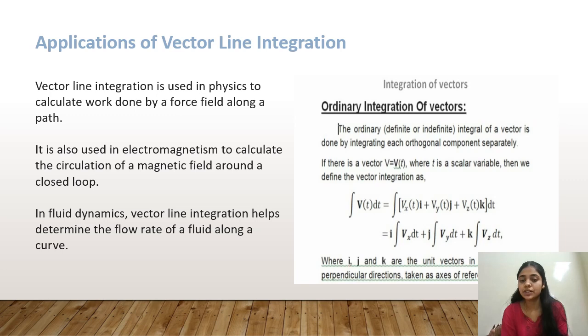The equation represents integral of v of t dt equals integral of (vx(t) i plus vy(t) j plus vz(t) k) dt. The constants are taken out of the integration: i integral vx dt plus j integral vy dt plus k integral vz dt. Here i, j, k are the unit vectors.